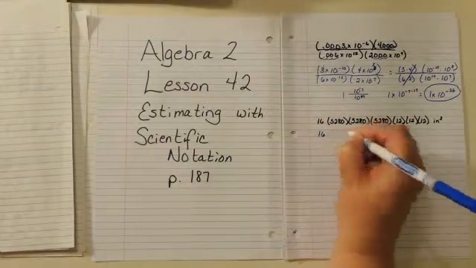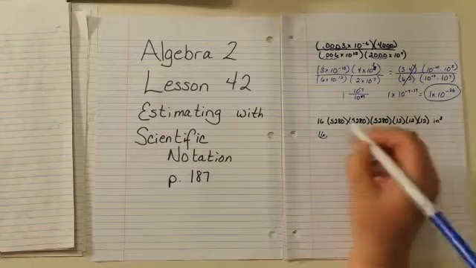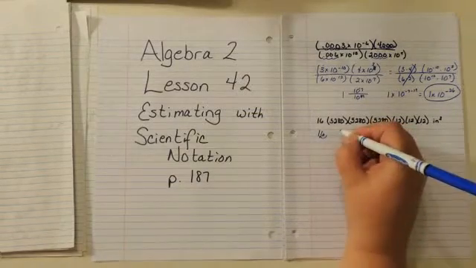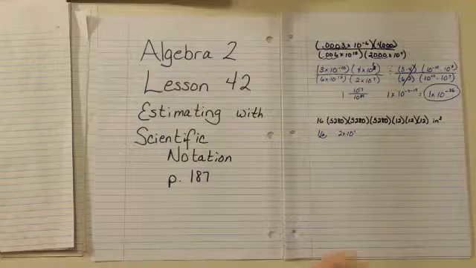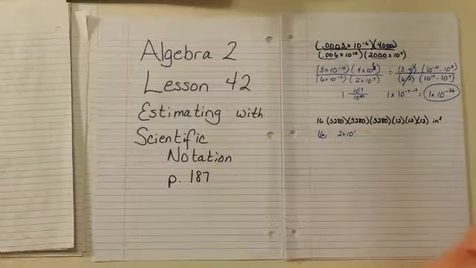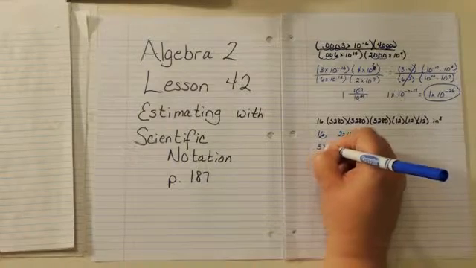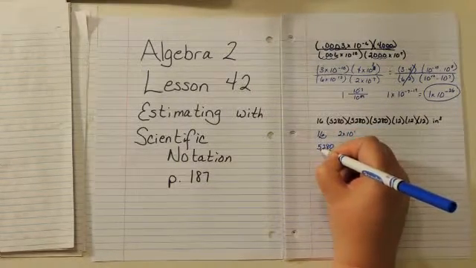So 16, we're going to make it in scientific notation, so our decimal is going to go here, and the 6 is going to make the 1 round up to 2. So we've got 2 times 10 to the first, because we moved the decimal just one place. 5,280, we're going to put the decimal here.